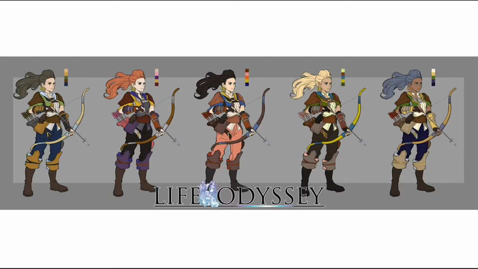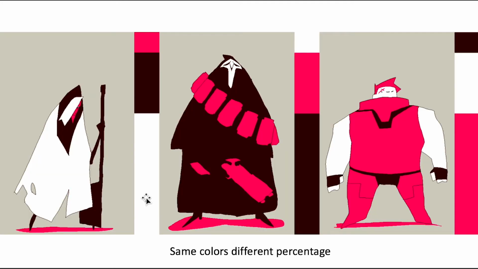And in this example, the artist used different sequences of colors on the same character. And each sequence of color makes the character have a different personality. You may also use the same colors for different characters, but on different characters, you may have different percentages of the colors you use.